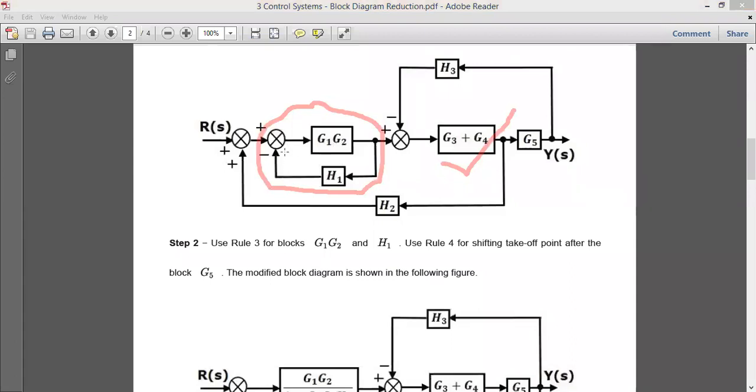Now for this feedback, we have a standard derivation which says the transfer function is equal to, how to write the standard transfer function. The standard transfer function can be written if this condition gets satisfied. What is this condition? It should have one block of G, one block of H, one summing point and one takeoff point, or simply you can call it a feedback.